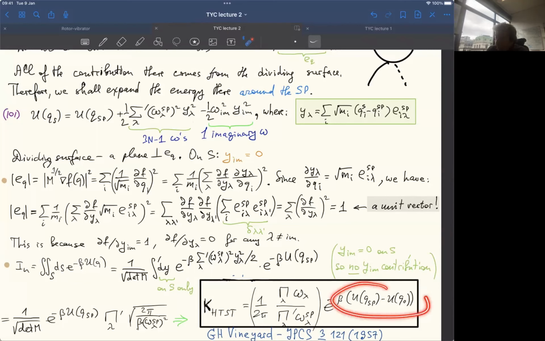But if you would like to be more precise, you would also need the prefactor. That prefactor can be calculated by calculating vibrations in the minimum of your potential energy, of your reactant basin, initial state, and at the saddle point, where you will find one imaginary vibration.